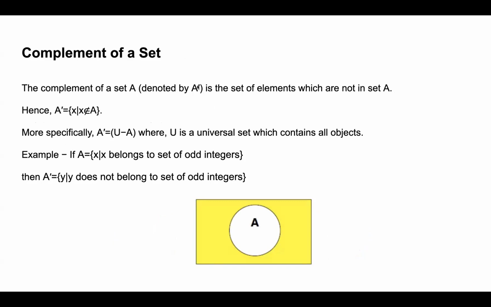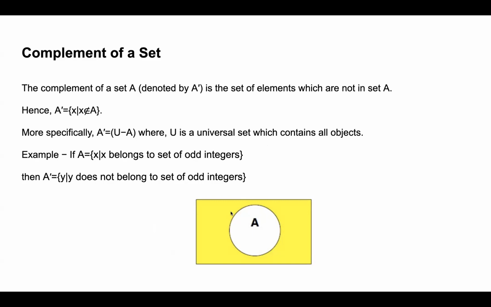Okay, it is denoted by A dash is the set of elements which are not in set A. Okay, which are not in set A. Hence, A dash is equal to X such that X does not belong to A. More specifically, A dash is equal to U minus A. U is the universal set which contains all objects.